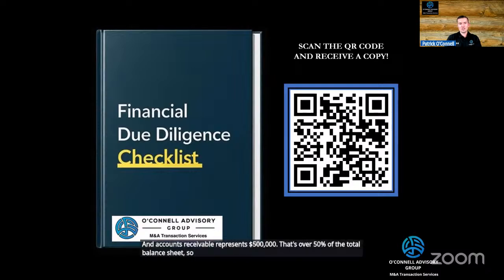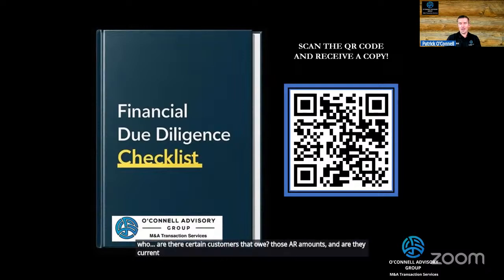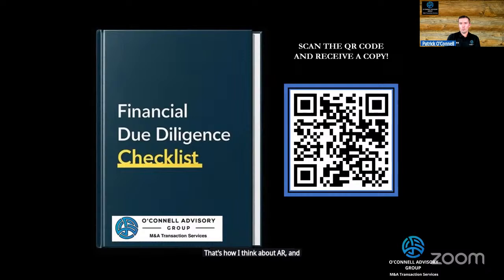So you need to understand, what is the nature of those accounts receivable? Are there certain customers that owe those AR amounts? And are they current or are they having trouble collecting it? That's how I think about AR, and we'll touch on it a little bit later on when we do that walkthrough.